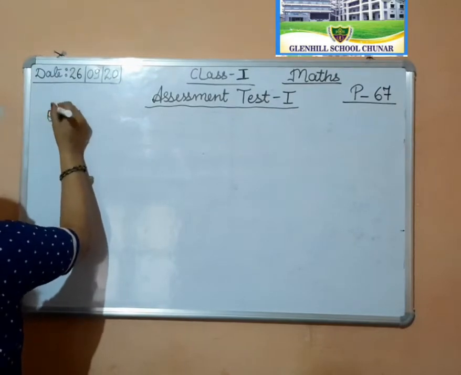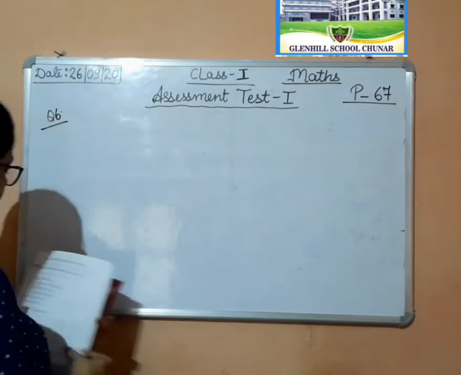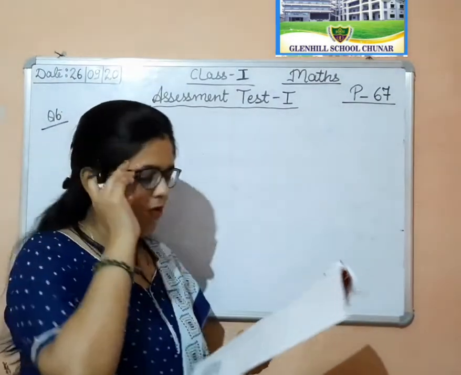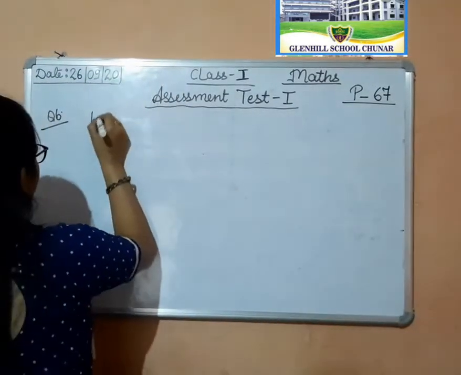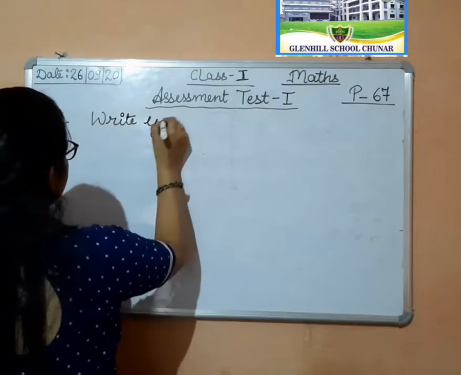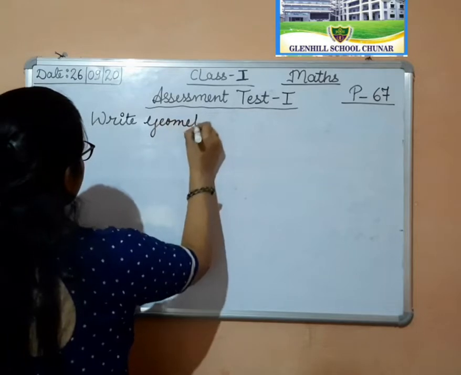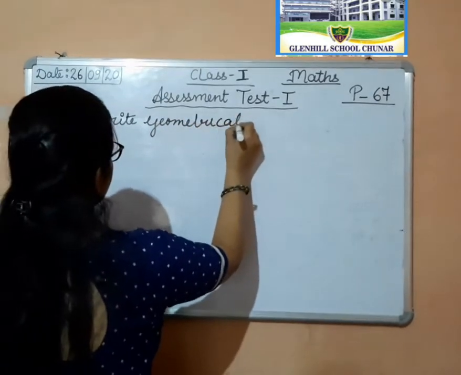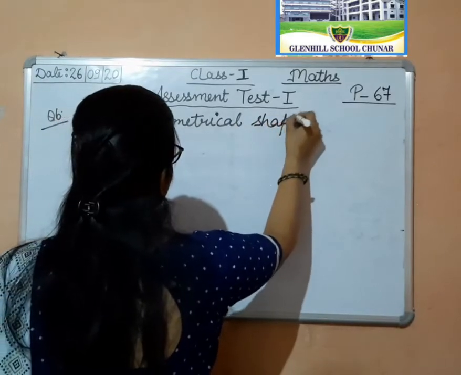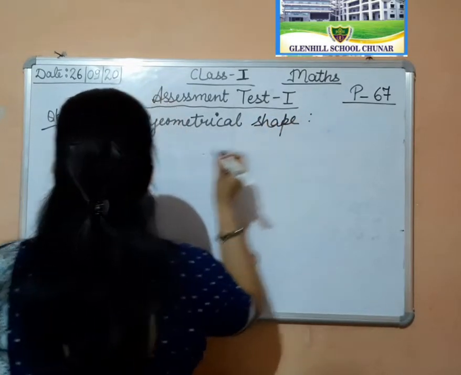Question number 6. Now, write the geometrical shape of the following. Okay, write the geometrical shape.